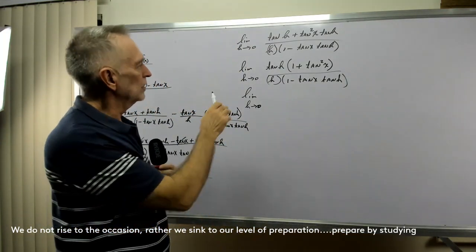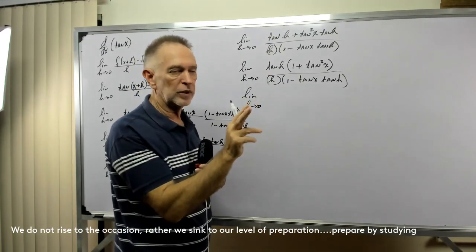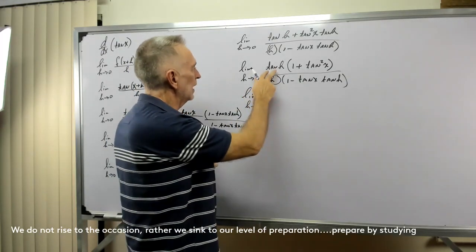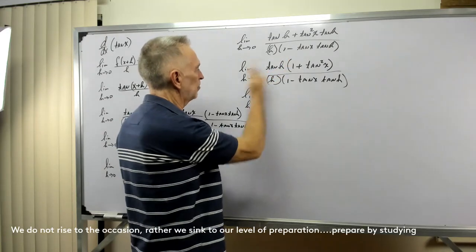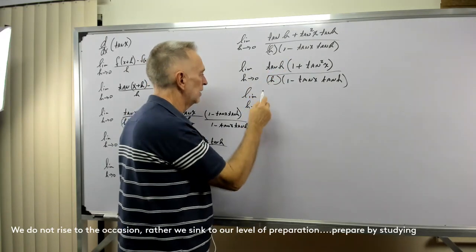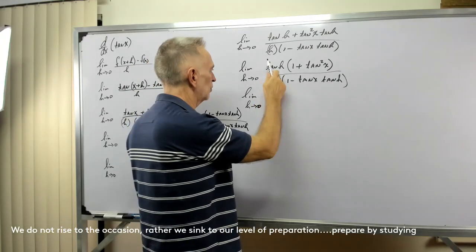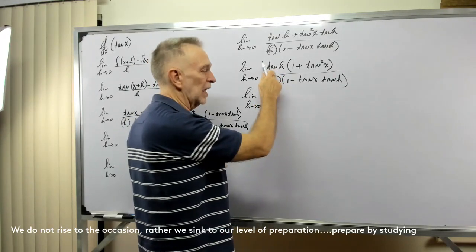Now then, there are two things we can do here. I could take this tangent h over h and pull it out as a limit. And actually, I'm going to change this to sine over cosine.